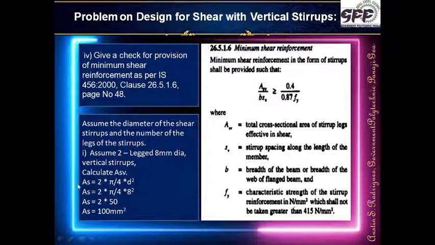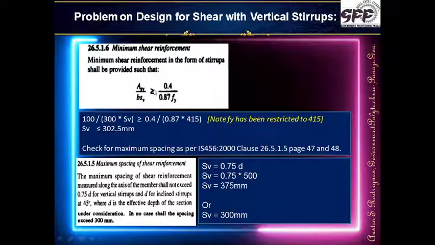So this has been already done before, how we have got this as 100. Two-legged 8 mm dia vertical stirrups, the calculation is 100 mm. Now in this, ASV is 100, B is 300, SV greater than or equal to 0.4 upon 0.87. Please note Fy is not taken as 500, but in this case Fy is taken as 415 as per the provision which has been just now discussed.